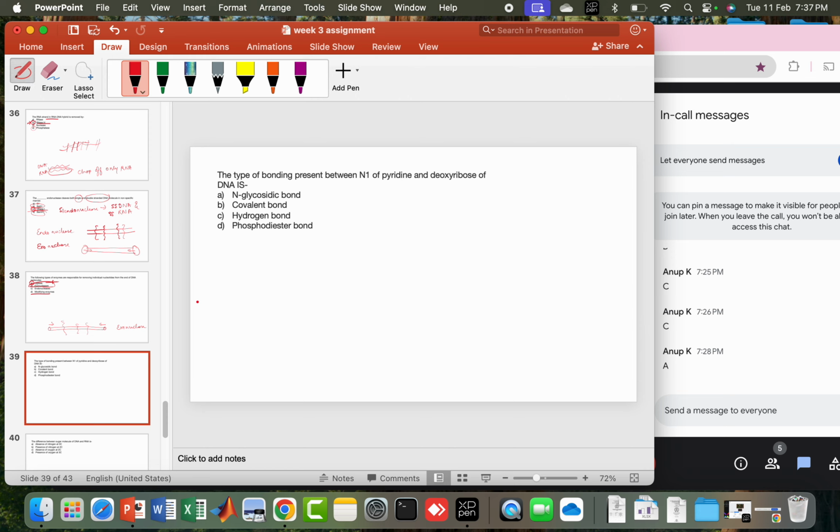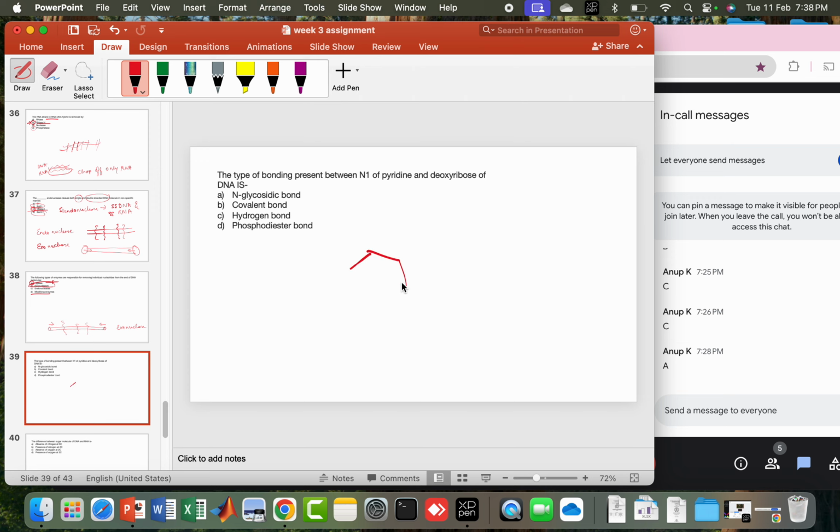The type of bonding present between N1 of pyrimidine and deoxyribose of DNA is dash. So we have a pyrimidine ring and we have a purine ring.